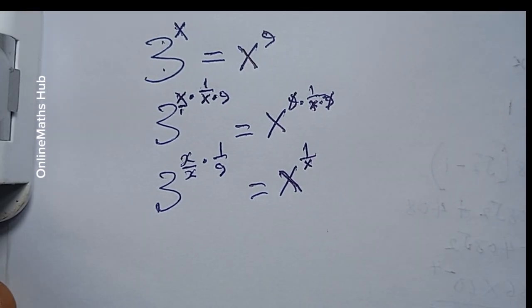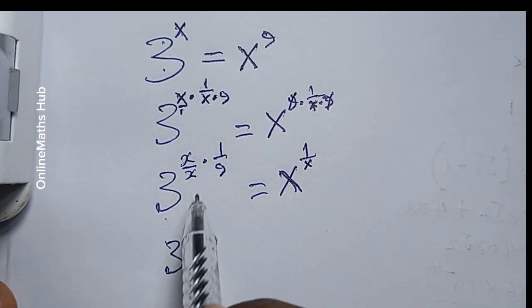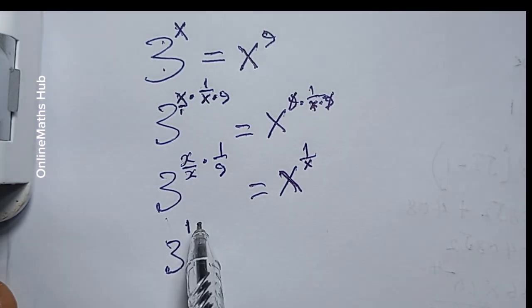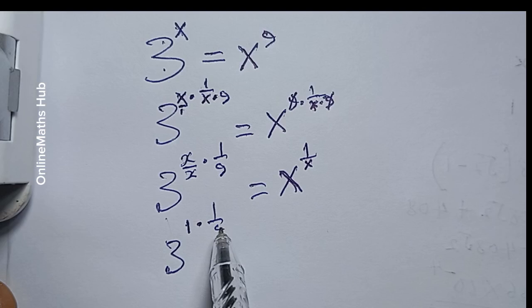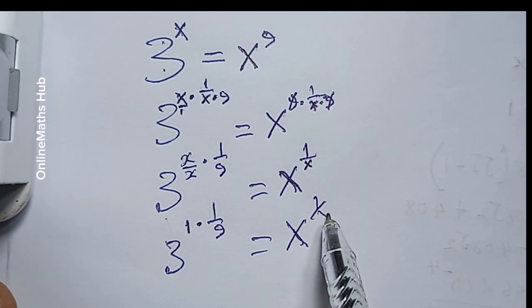So at this point what I'm having here is 3 power x divided by x is actually equal to 1, and then of course multiply by 1 over 9 is equal to x power 1 over x.